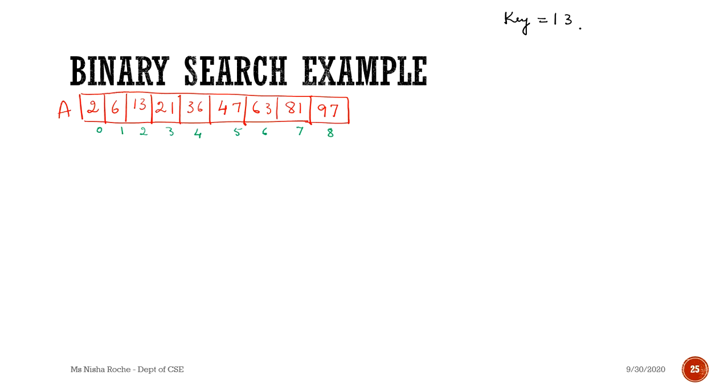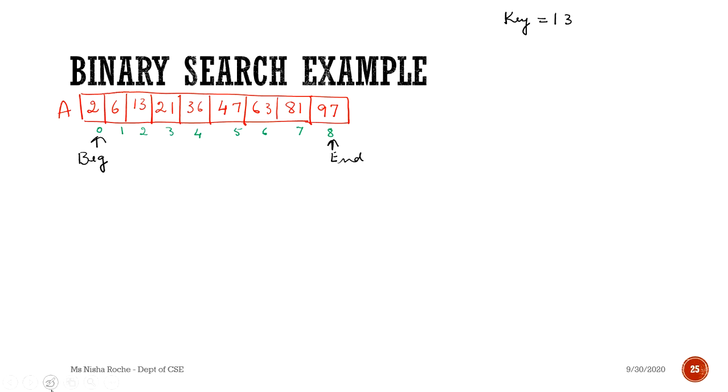In case I find the 13, that is the key, then I can say that the search is successful and I have to return the index value. Okay, so let's begin. Initialize the low value. I am going to use the variable BEG indicating the low value. So beginning is set to 0 and high, which is nothing but the end, is initialized to 8.